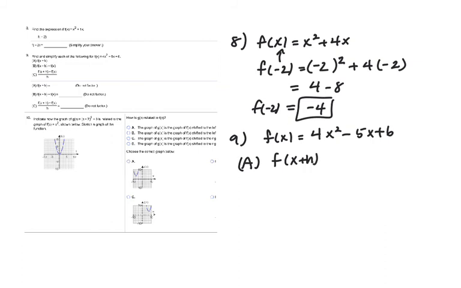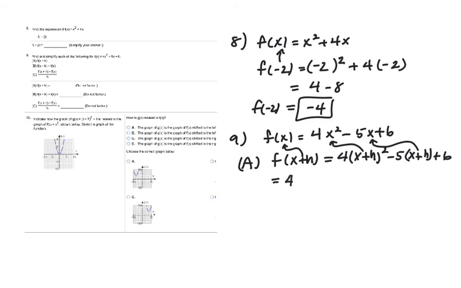If I'm finding f of x plus h, that just means I'm going to replace all of my x's with x plus h. So here we have 4 times x plus h squared, minus 5 times x plus h, plus 6. Notice here we just replace all of the x's with the expression x plus h.